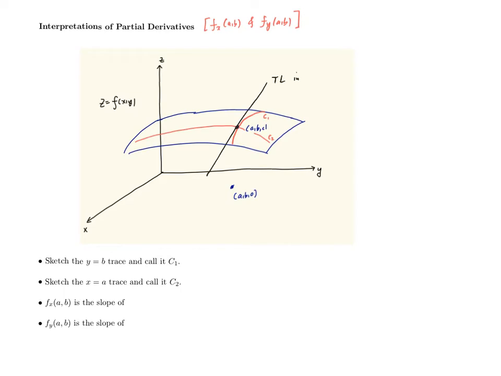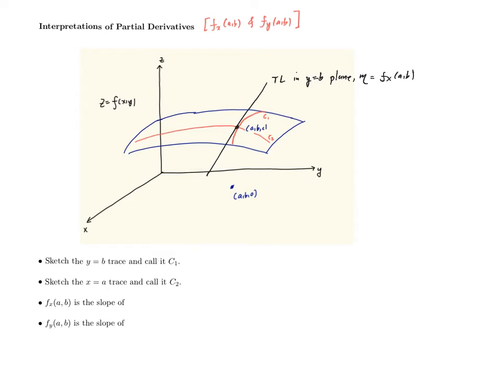So this is a tangent line in the y equals b plane, or trace, and the slope of that tangent line is the partial derivative of f with respect to x at a, b. So guess what? We still have a very similar interpretation of the derivative. It tells us something about the slope of a tangent line.